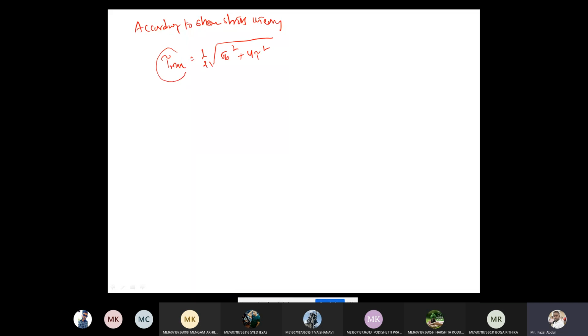Now this maximum value is given in the question as 120. Now we don't know the sigma b value and we don't know the shear stress value. Okay. So to know the shear stress value, first one, this is known as primary or direct shear.